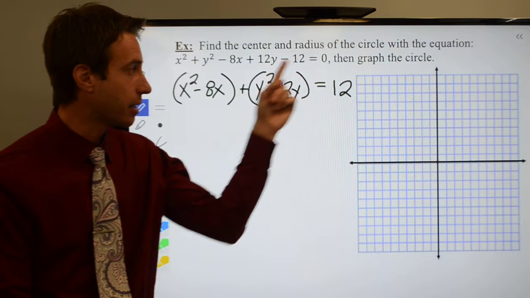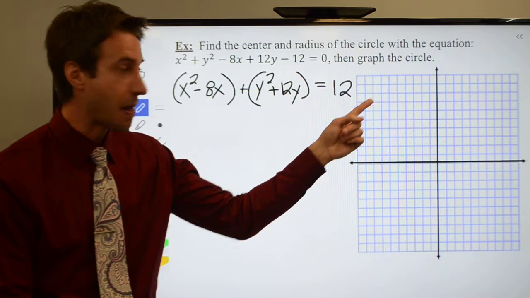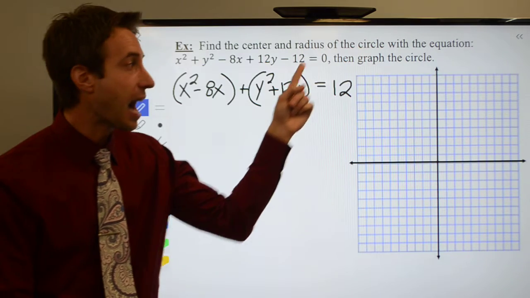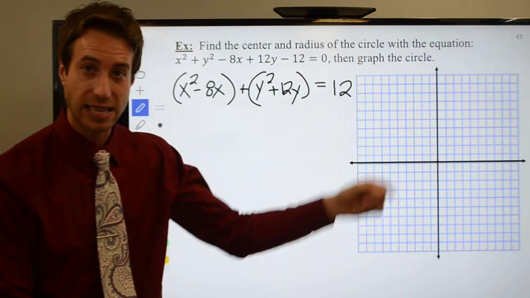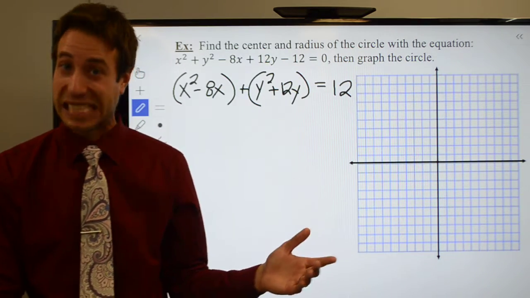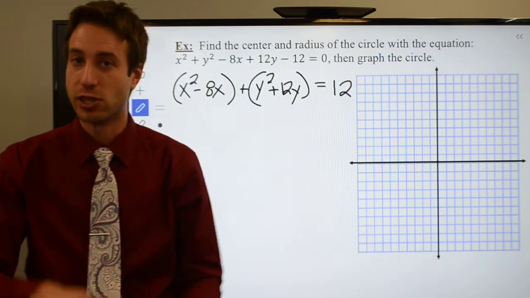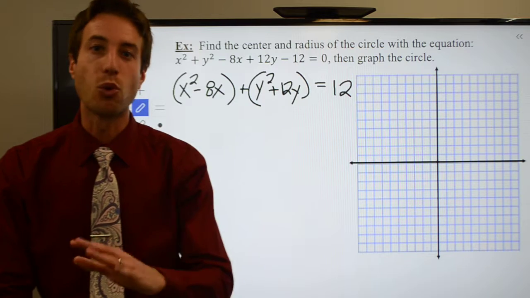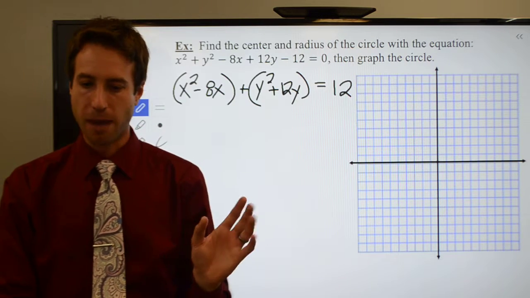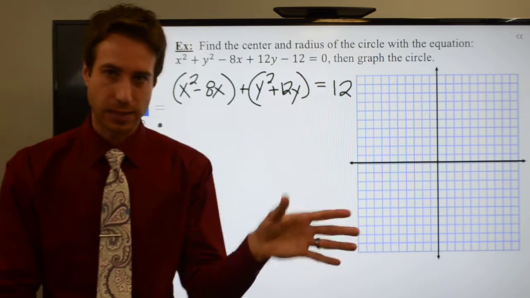So whatever I add in here, I'll add to this side. And whatever I add in here, I'll also add to this side, and then the algebra is happy because I've added the same thing to both sides. My equation stays balanced.